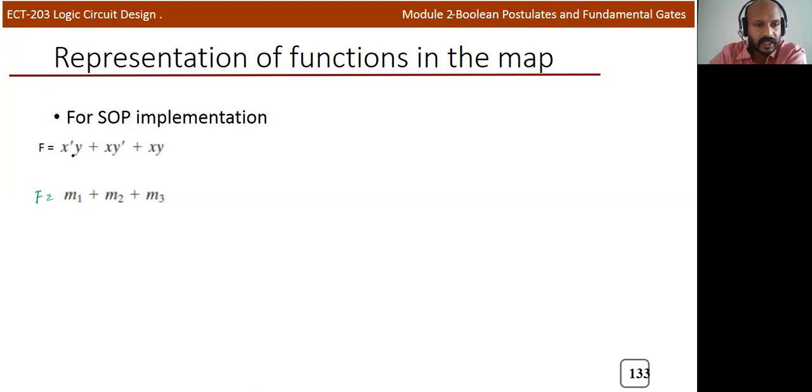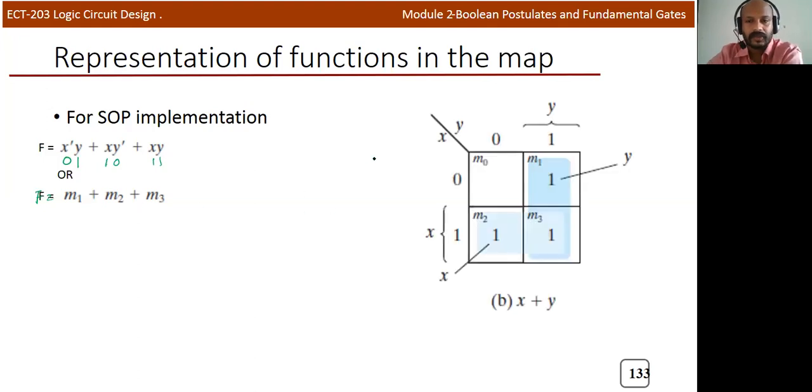X bar represents 0, Y is 1, then 1 0, 1 1. So 0 1 is M1, 1 0 is M2, and this is M3. In this way also I can mark the K map: M0, M1, M2, M3. If you know the min terms, you can directly mark 1, 2, 3 as 1.